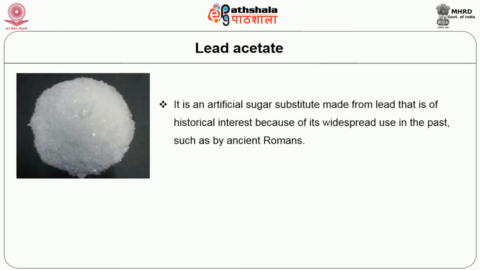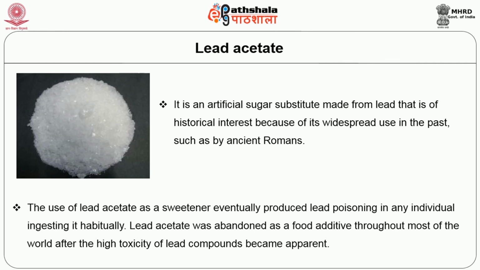It is an artificial sugar substitute made from lead that is of historical interest because of its widespread use in the past, such as by ancient Romans. The use of lead acetate as a sweetener eventually produced lead poisoning in any individual ingesting it as a habit.